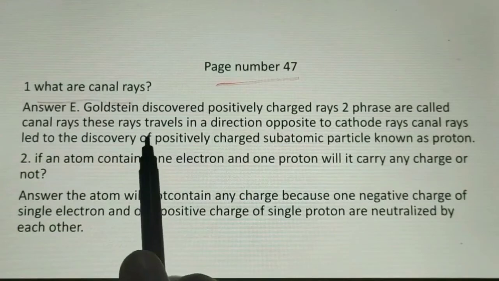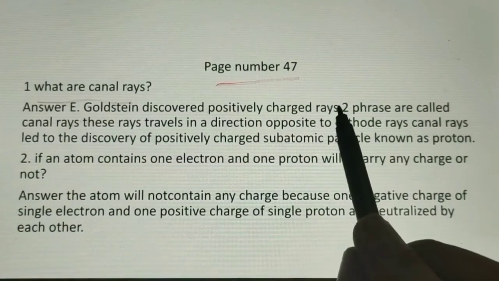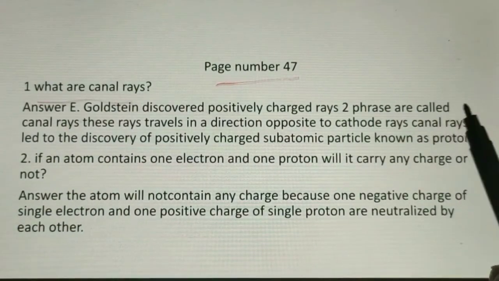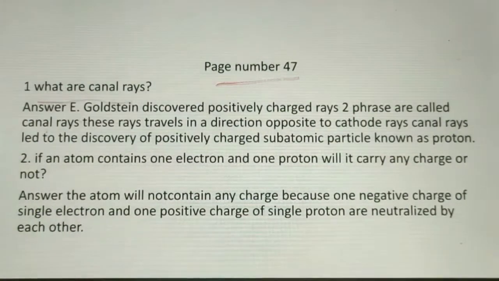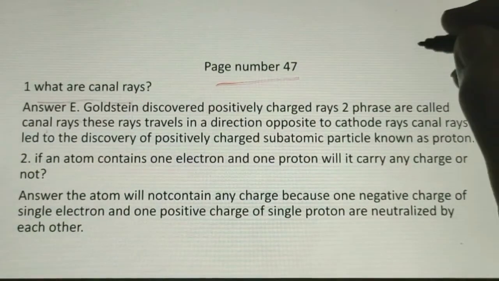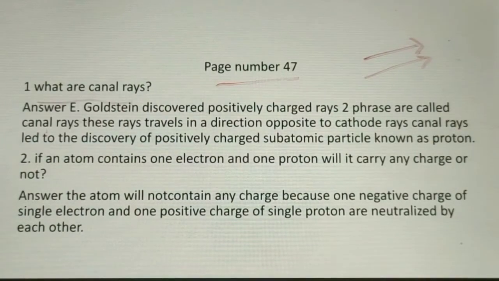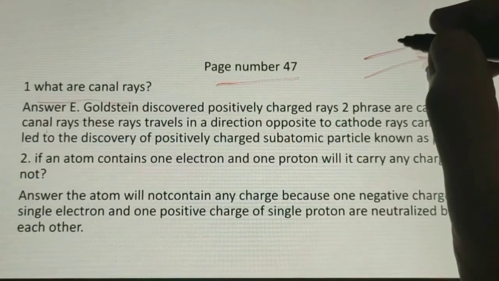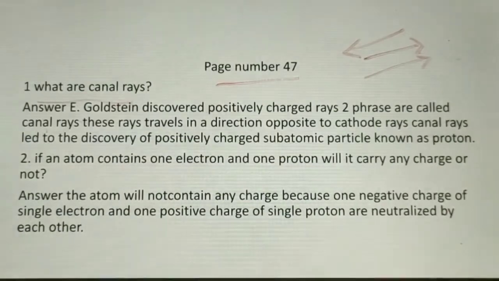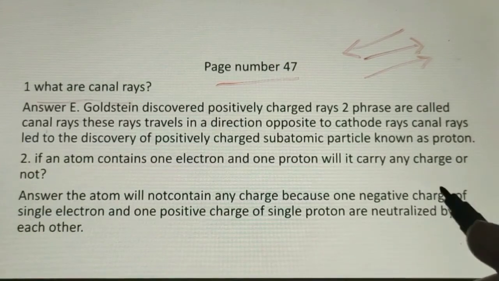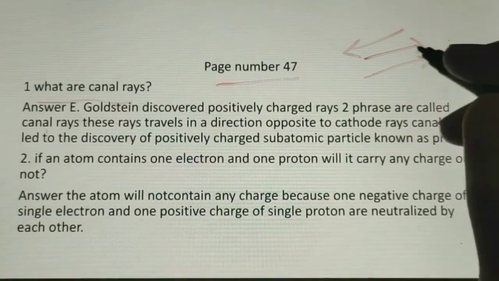If cathode rays are flowing in one direction, the canal rays move in the opposite direction, leading to the discovery of the positively charged subatomic particle we call the proton.